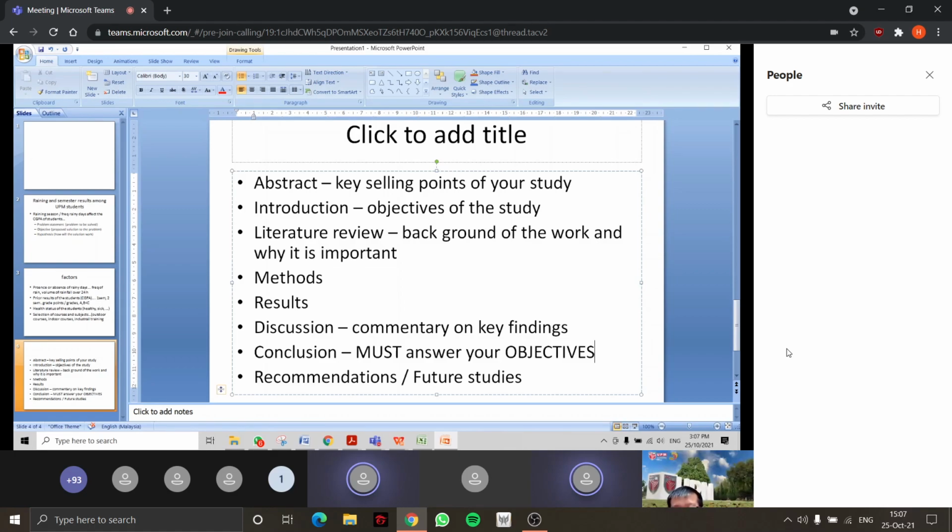Conclusion is actually very easy to write. Just answer your objectives. Sometimes people say the conclusion does not declare what you achieved, because your conclusion does not answer your objectives. You just need to make sure that whatever you do, you answer your objectives. That is the conclusion.